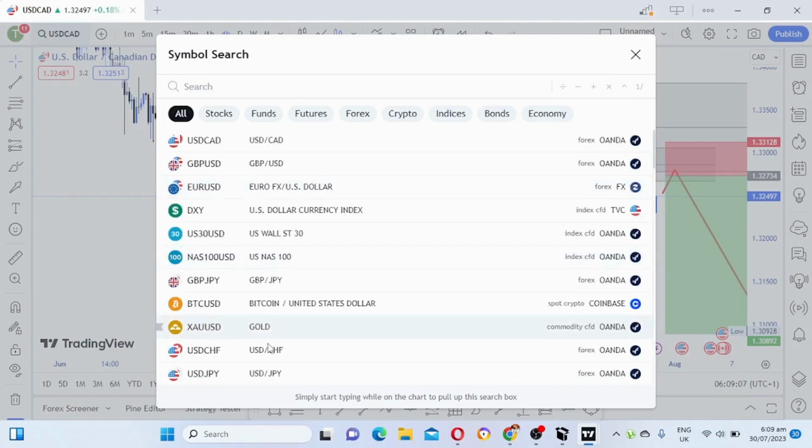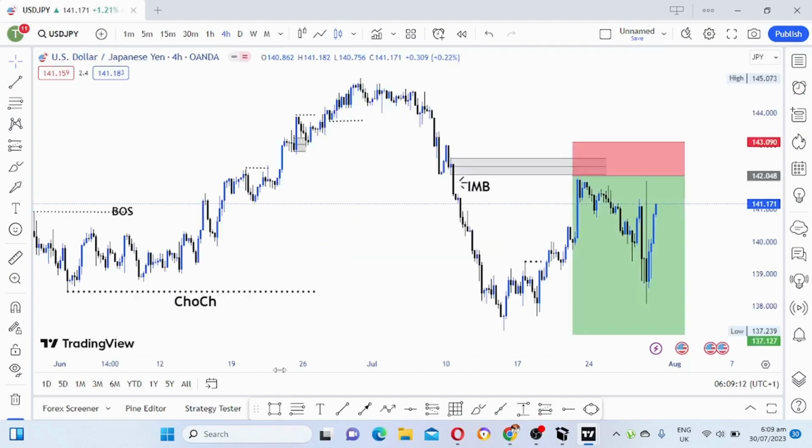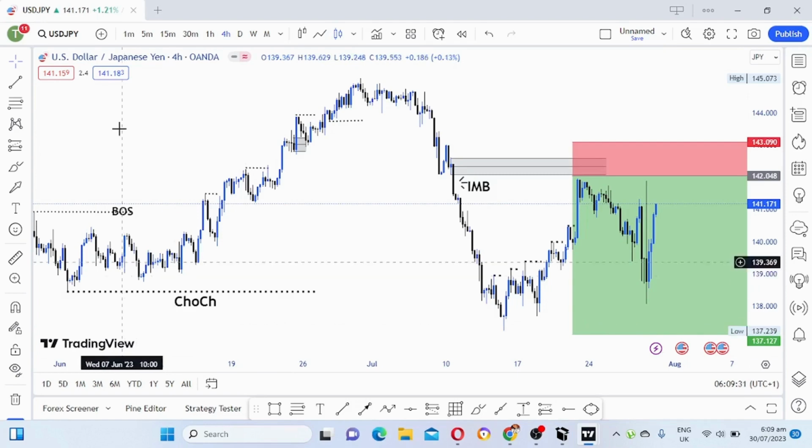Now let's look at USD JPY. Okay, now looking at USD JPY, let me go check on the daily.